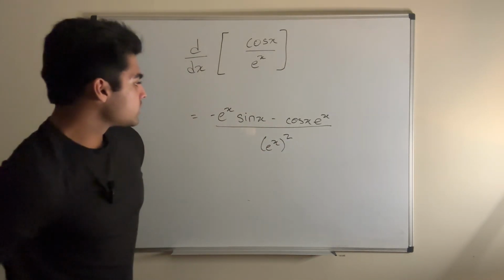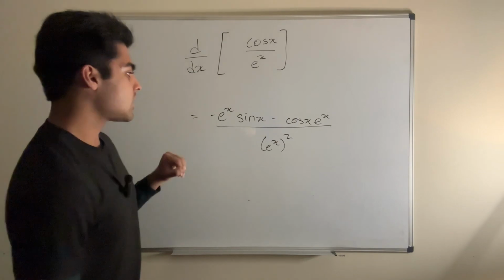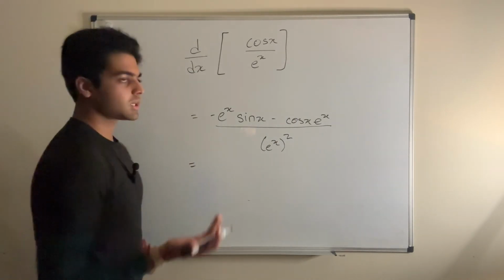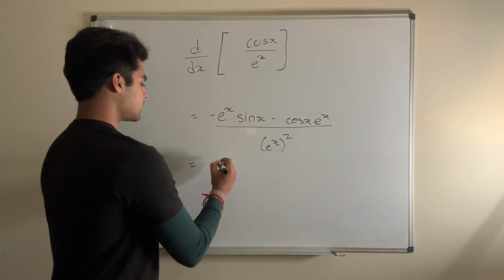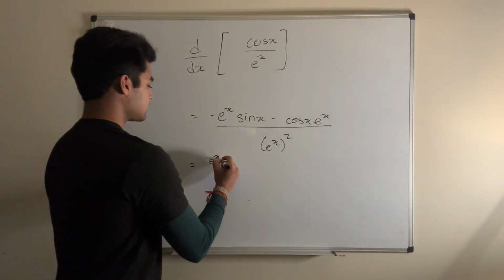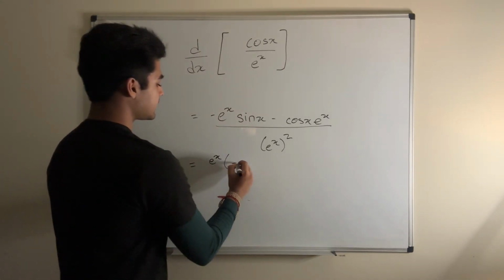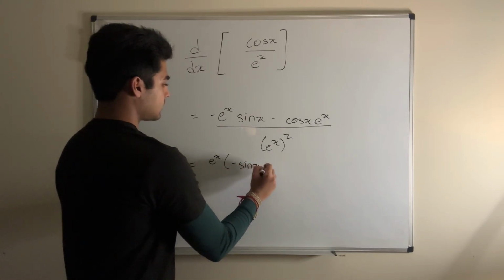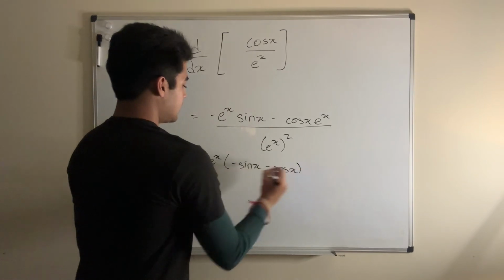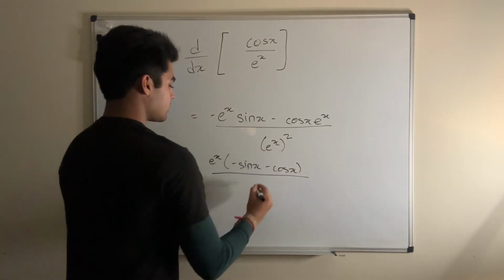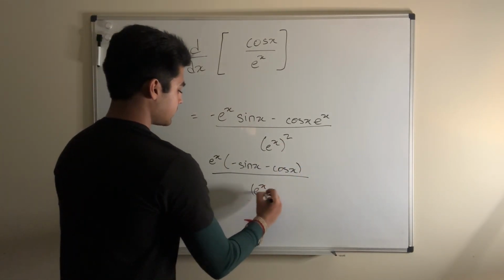So a really cool thing we can do here is we can actually take an e to the x common, or by common I mean factor it out. So we can factor out an e to the x, and then here we'll be left with negative sine x, and then here we'll be left with negative cosine x, and then on the bottom we'll still be left with e to the x squared.